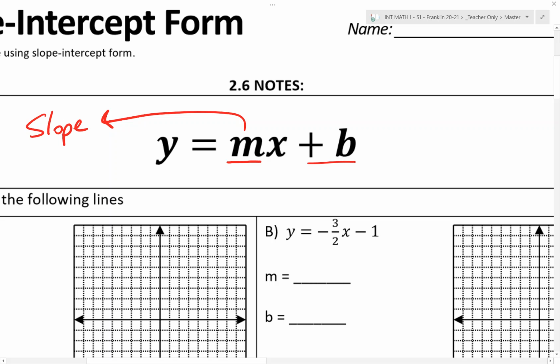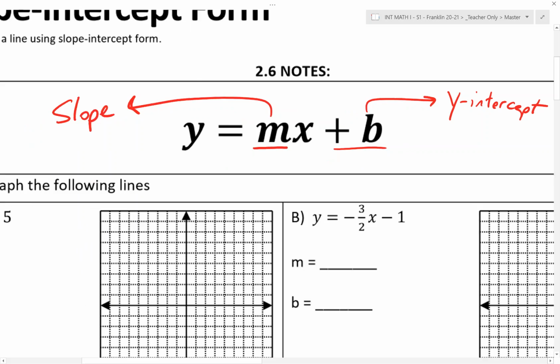And b here is the y-intercept. The y-intercept is the point where the line crosses the y-axis. So using these two numbers, we can know exactly where the line goes and what angle it goes through that point. So let's try it.